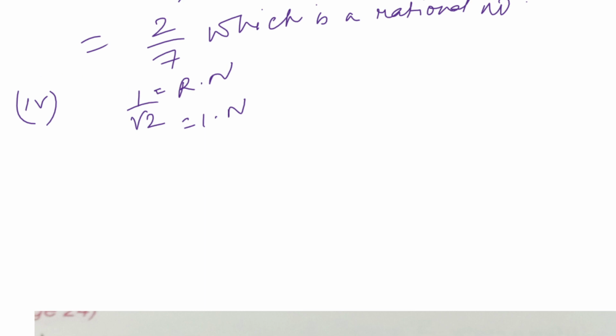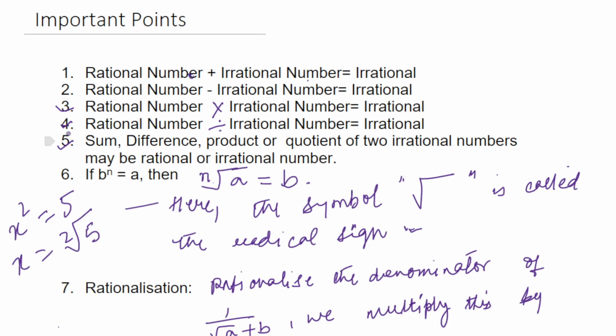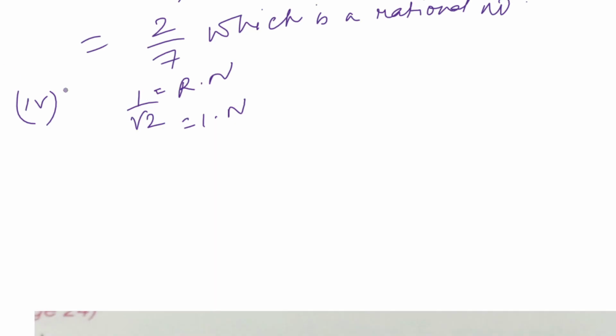Let's go back to the important points. Rational number divided by irrational number gives me irrational number. Okay.